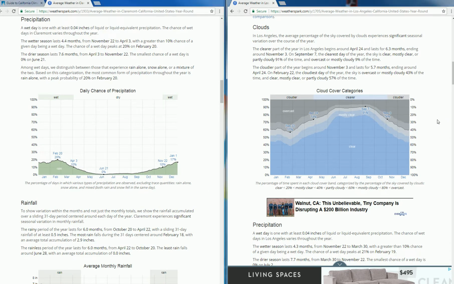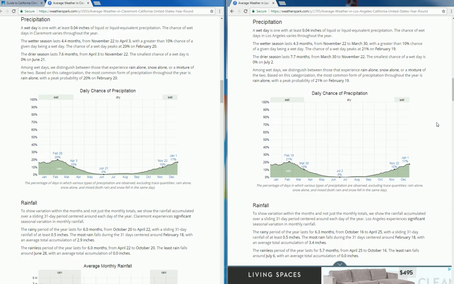Chance of precipitation is a factor to consider in climate, but it's not really one that you're going to be designing for too much in our climate area. One of the things to note is that it's going to be matched to the cloud cover.